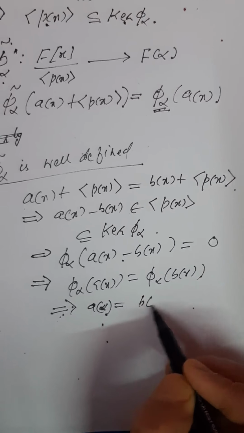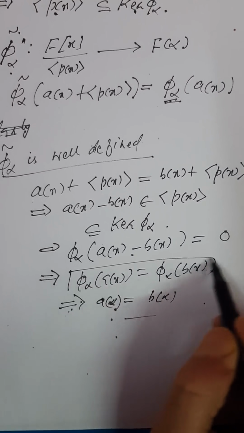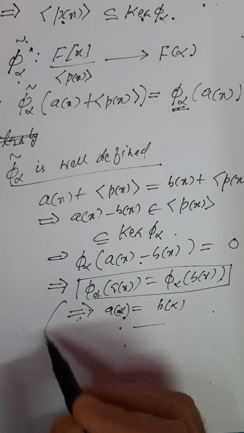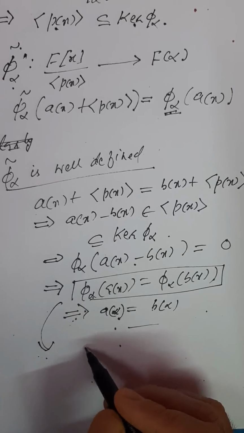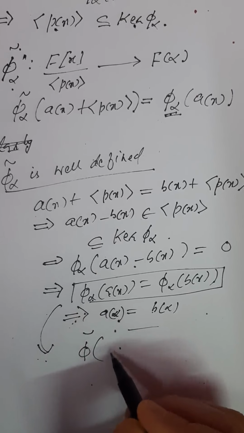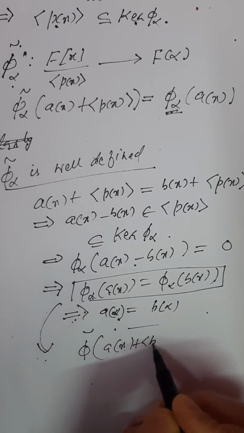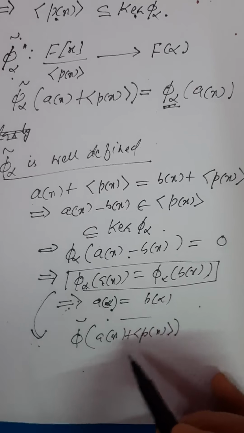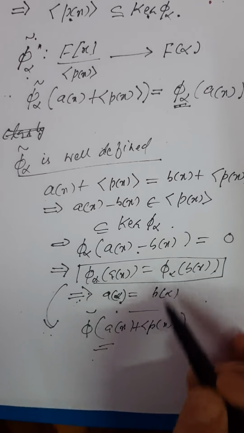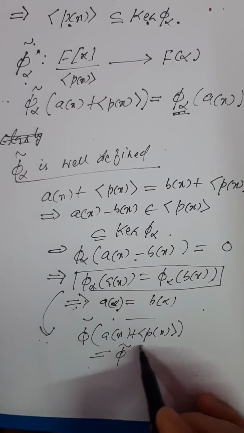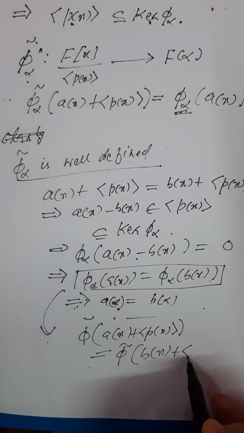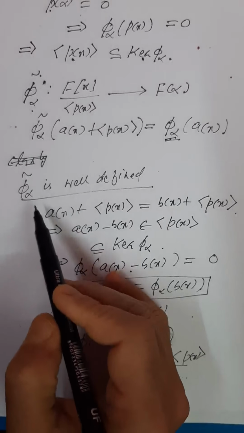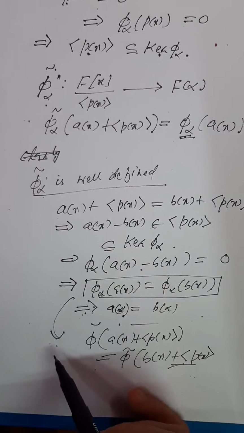Or from here also you can get that the mapping is well defined, because phi alpha of a(x) is phi tilde of a(x) plus the ideal generated by p(x), which is the same as phi tilde of b(x) plus the ideal generated by p(x). So the map phi alpha tilde is well defined.